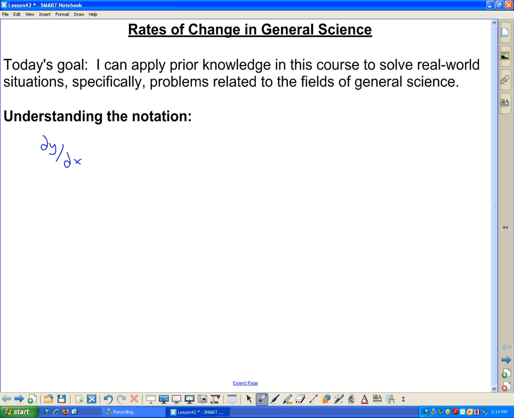All right, and we're going to be looking at it in a couple different forms over the next couple of days. But remember, this is change in y with respect to the change in x.